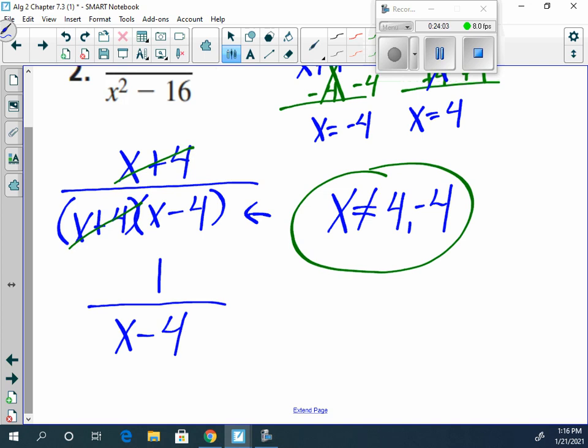There's no way that we can simplify stuff on top and bottom and ever get to 0, because anything divided by itself is 1. We just don't normally write it in, and we'll have to write it in anytime everything cancels out or simplifies out completely.